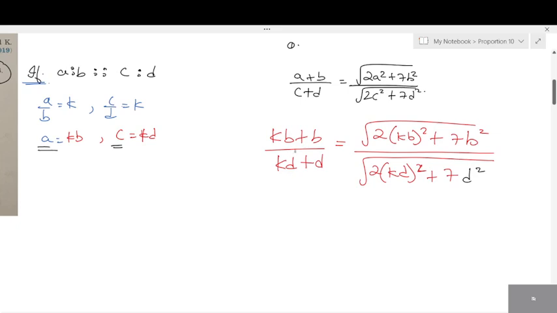Check whether you can take anything common. Rationalize. Square roots are given. Open the bracket.